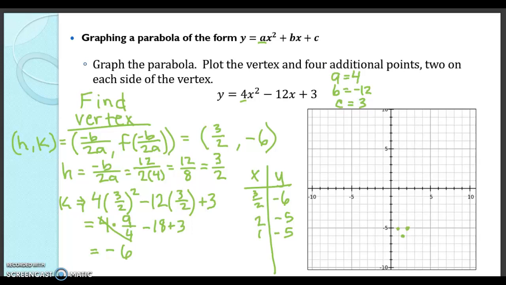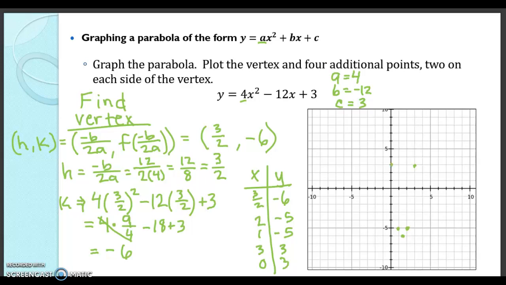This is a skinny graph. And then if we plug in 3, we'll get 3. And then when we plug in 0, we'll also get 3.